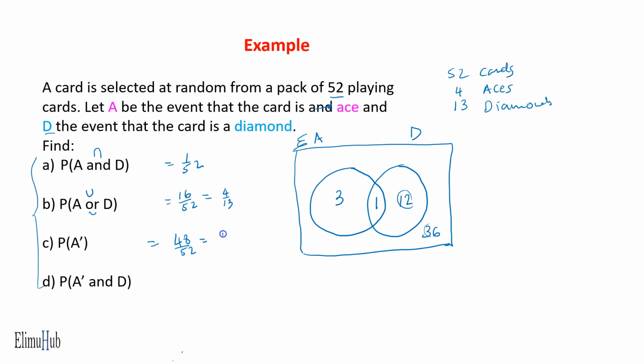And what do we get? That is 12 out of 13. Now, what is the probability something is not an ace, but it is a diamond? So we don't want something that's an ace, but we want it as a diamond. Well, there's only 12 of them. So it's 12 out of 52, and that will give you 3 out of 13.